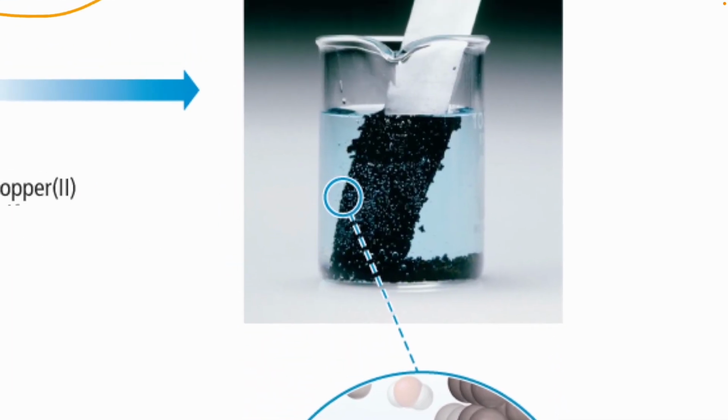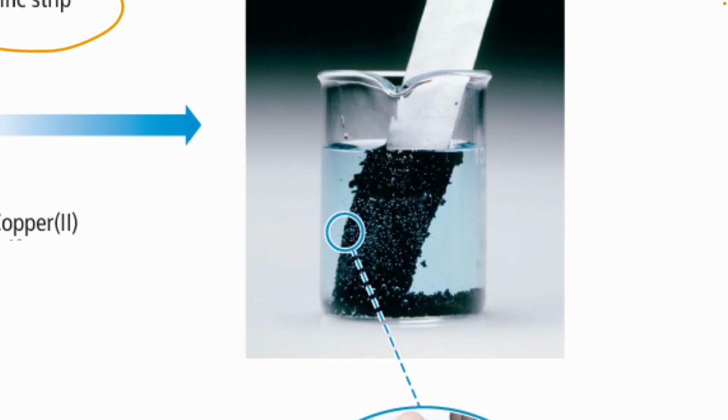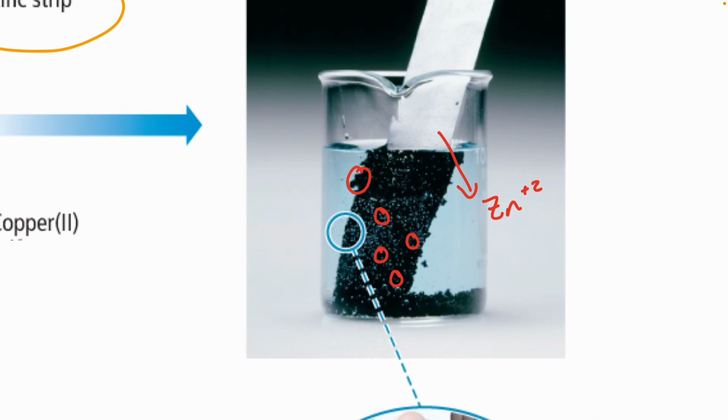Visually, as this reaction's occurring, our zinc is actually going into solution, becoming zinc ions, and you see this solid copper growing on that strip of zinc. As copper goes from being a copper ion to a copper atom, you see it starting to grow as a solid in our product.